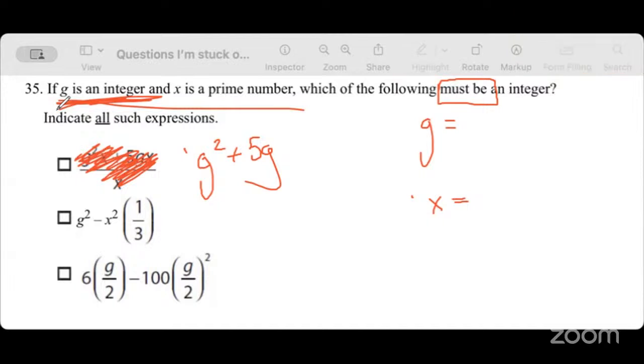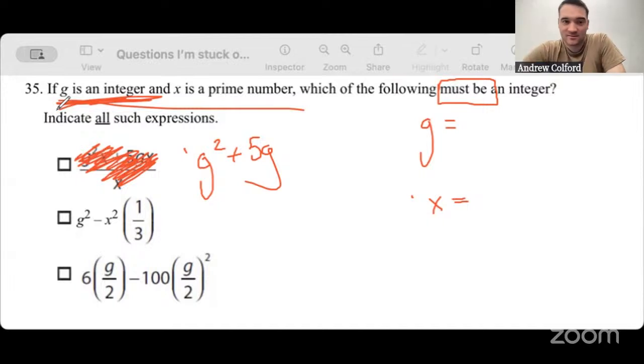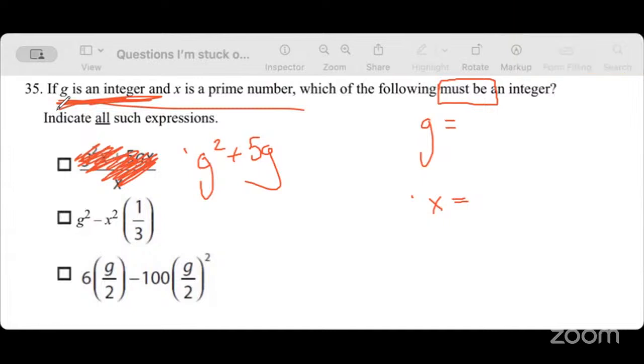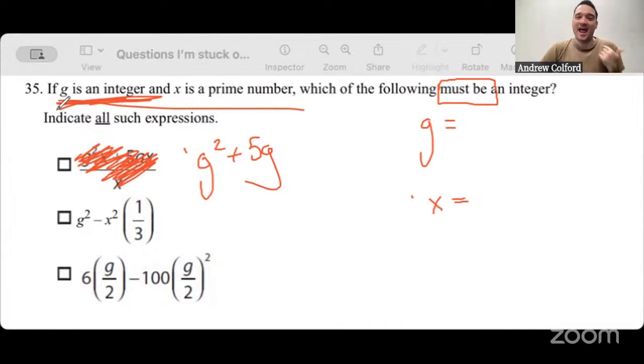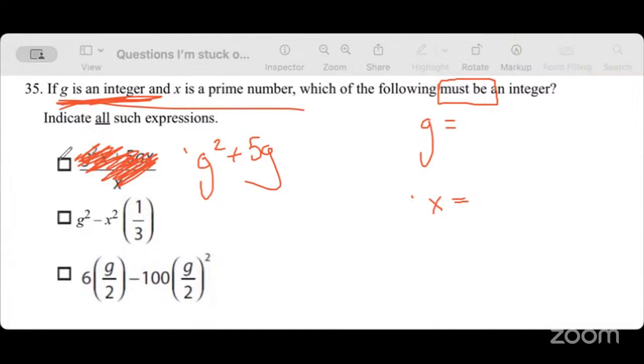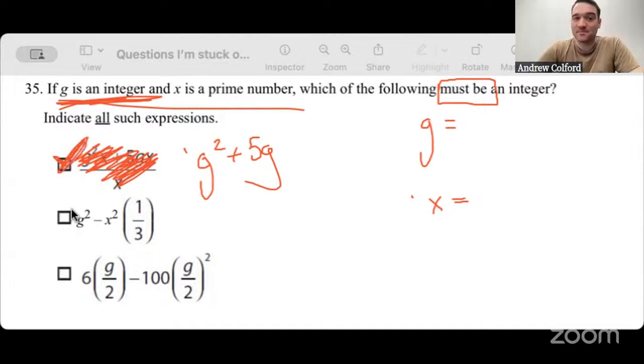And if I multiply an integer by 5, it's always going to be an integer, right? And then if I add those 2 integers together, that's always going to be an integer. So this will always be an integer. Again, G squared is always going to be an integer. So let's leave that to the side.